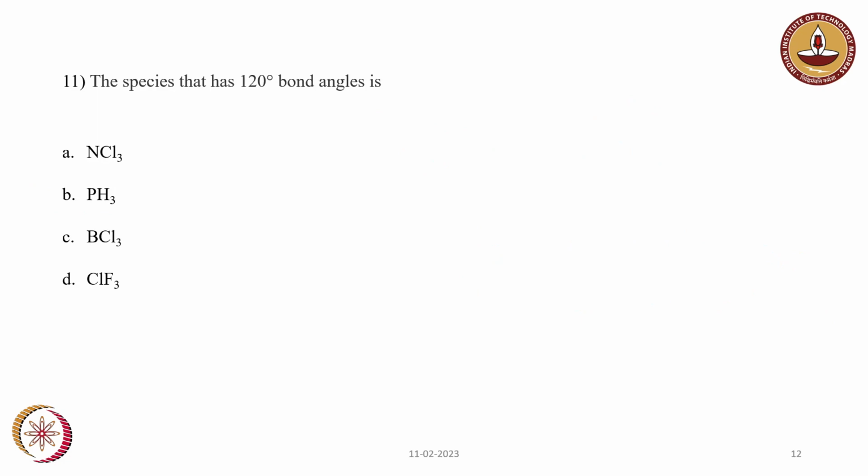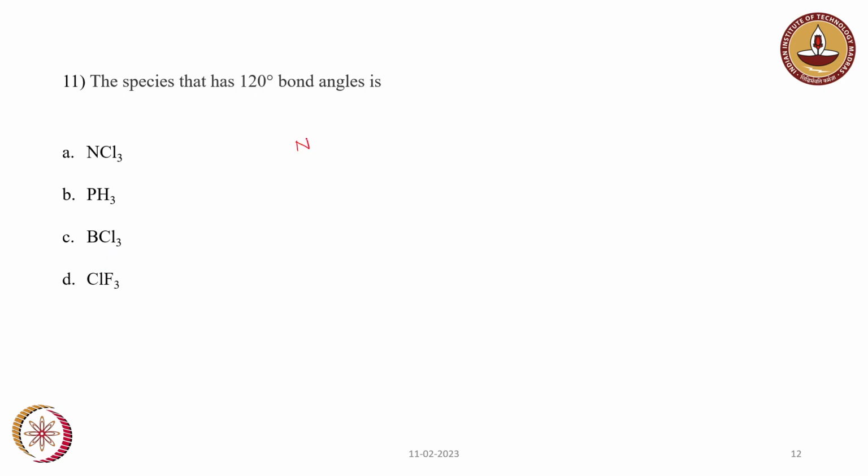The next question is: the species that has 120-degree bond angles is A, NCl3, B, PH3, C, BCl3, and D, ClF3.